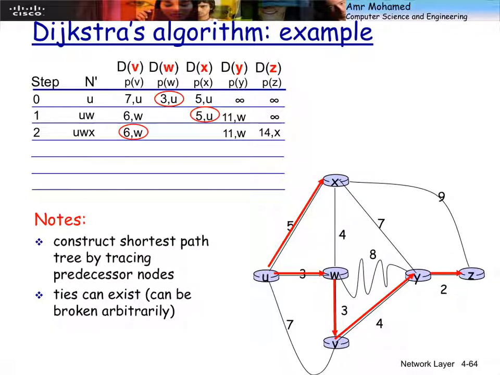So every time you calculate the cost based on the adjacent nodes to any node in N dash. So of course the V will stay the same as 6. There is no better. So if I go from X, the cost is definitely not better.